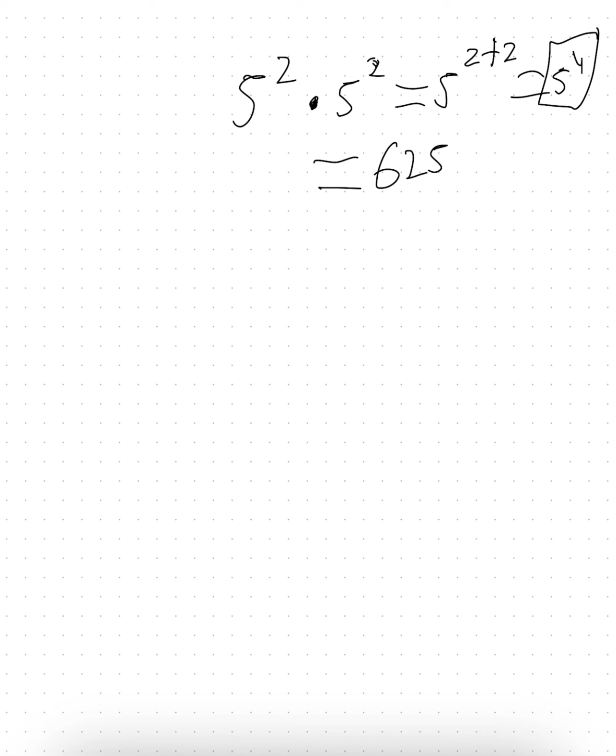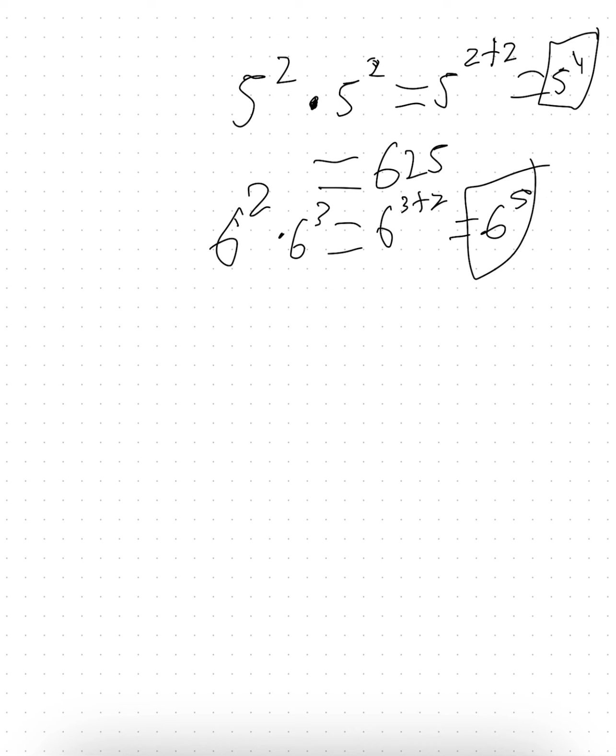Let's try another one. 6 to the second power times 6 to the third power is equal to 6 to the 3 plus 2 power, which equals 6 to the 5th. Okay? Now, if I had a problem like 4 to the second times 3 to the second, well, we can't add the exponents because they don't have the same base.